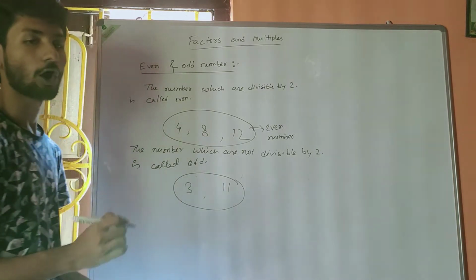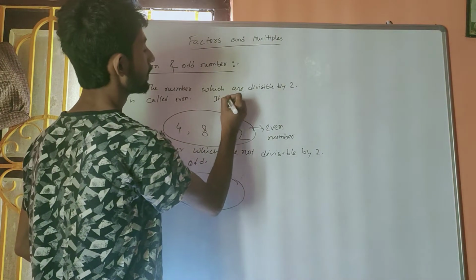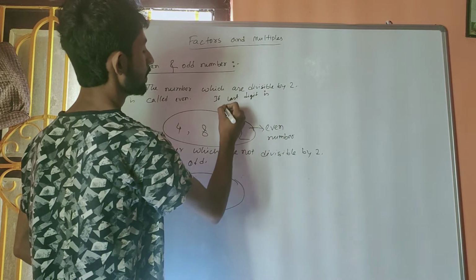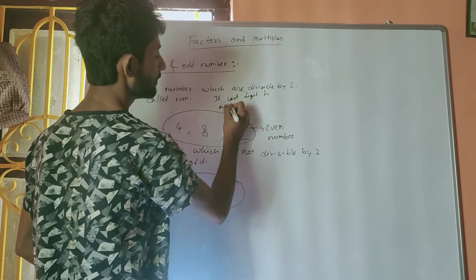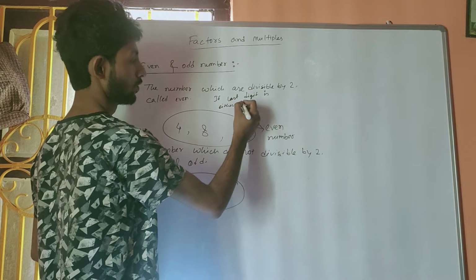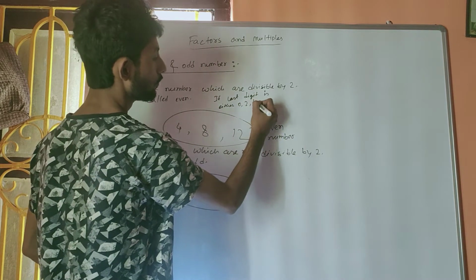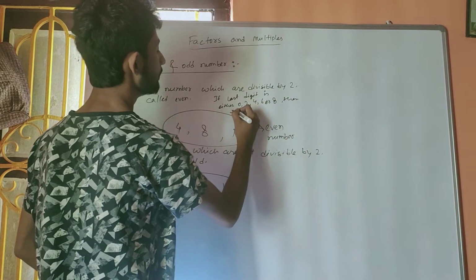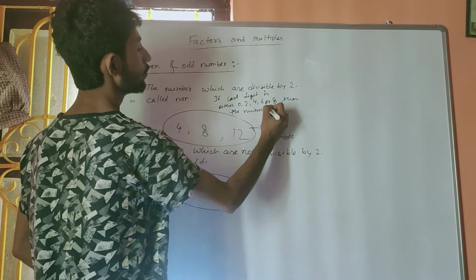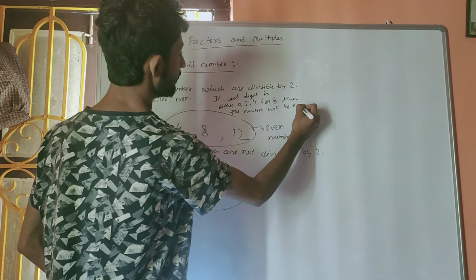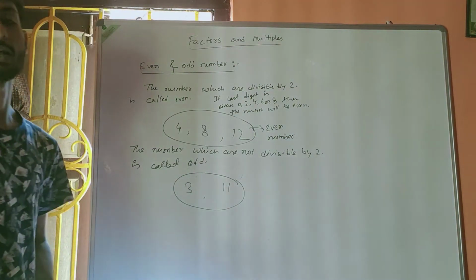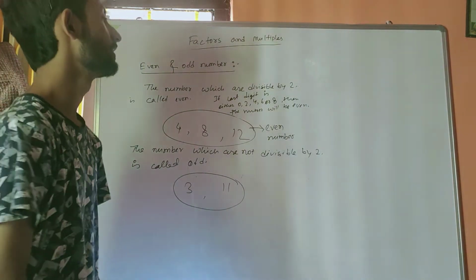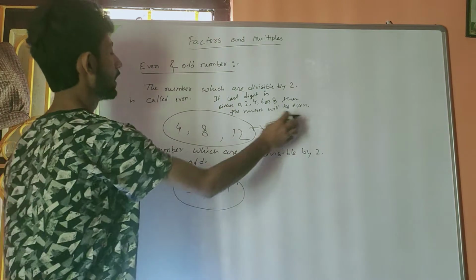Now there is a point that if the last digit is either 0, 2, 4, 6 or 8, then the number will be even.